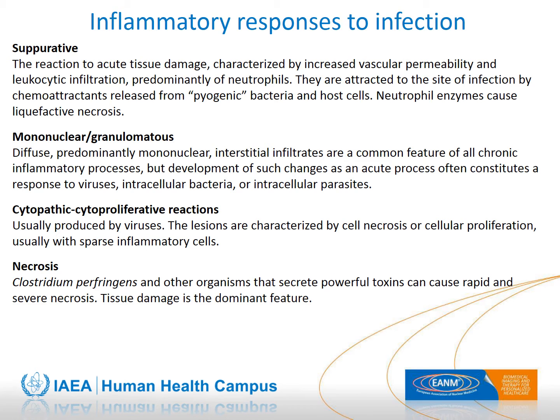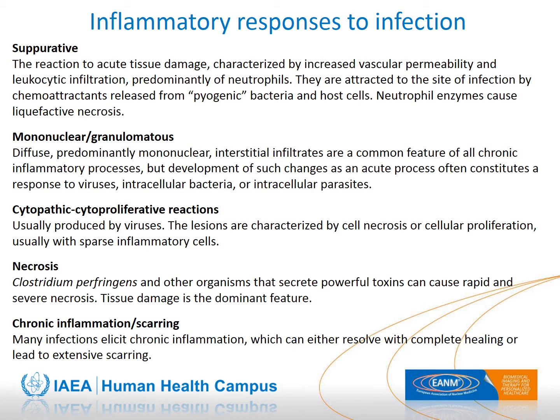Certain bacteria, such as the Clostridium perfringens bacteria, secrete powerful toxins, and this can result in rapid and severe necrosis. Tissue damage is a prominent feature in the necrosis process. Finally, there is chronic inflammation or scarring, which then can resolve either with complete healing or extensive scarring and loss of function.